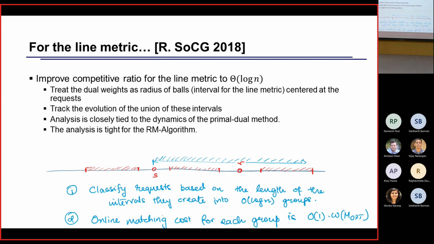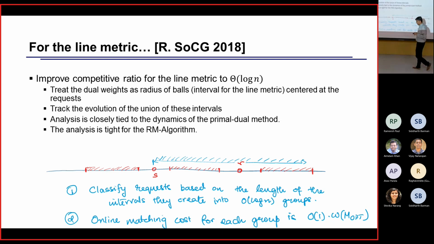And it may find an augmenting path, let's say, to this, right? But the dual adjustment that it did would modify the union of intervals to be this blue interval. And so the combined interval will become something very large. If you combine the red intervals with the blue interval, they'll start here and end here.